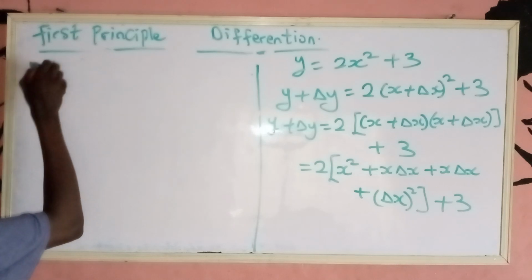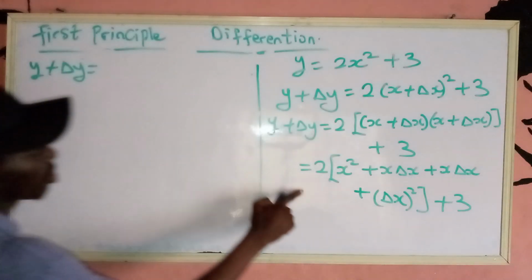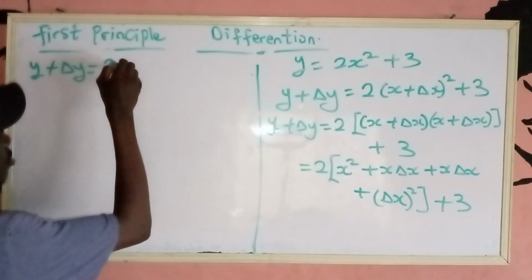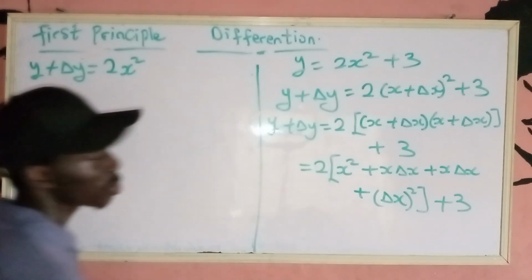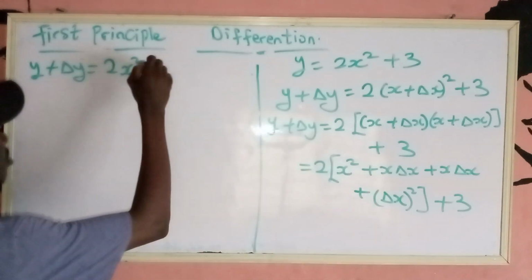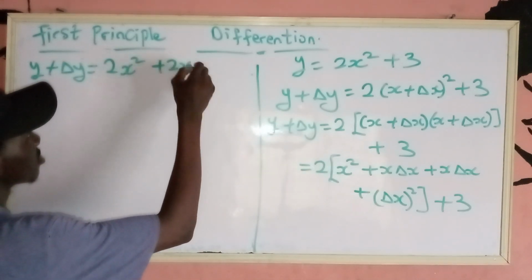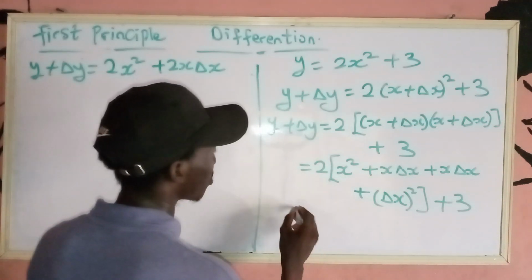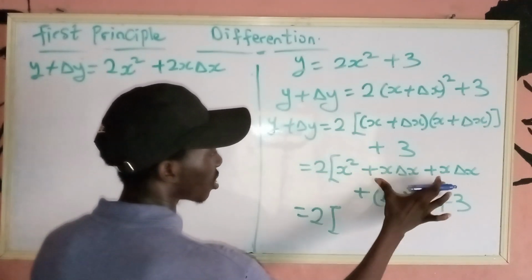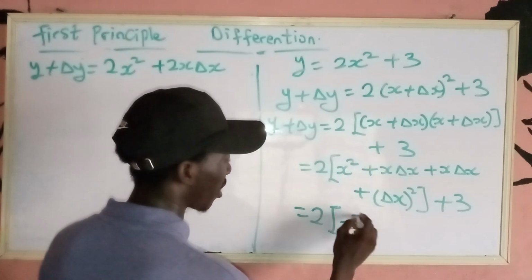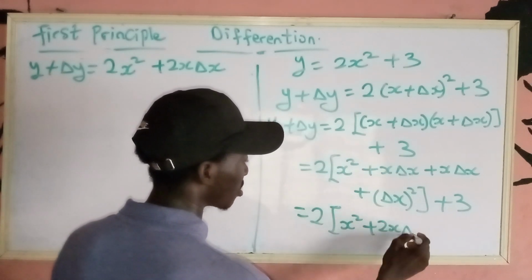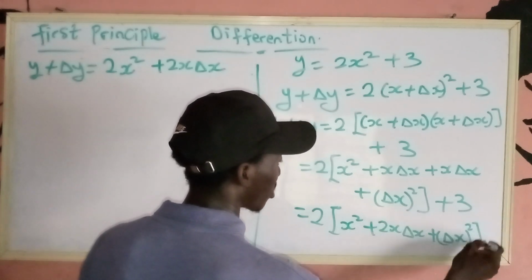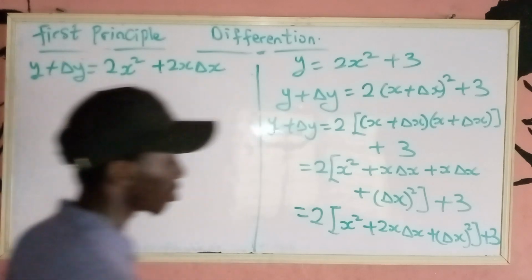We have y plus change in y. Using 2 to open it, you can see there's a 2 here. 2 times x squared is 2x squared. 2 times this gives plus 2x change in x. Before I continue, these are similar terms. So that should be x squared plus 2x change in x plus change in x squared, plus 3.